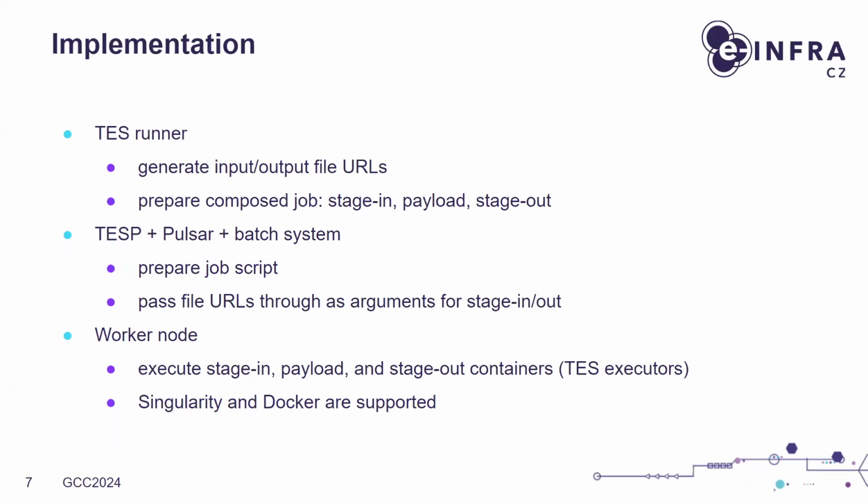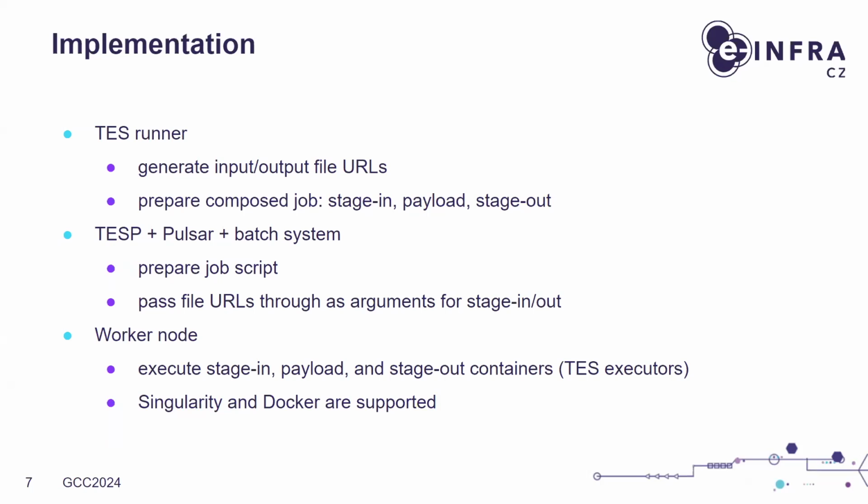Then there comes the TestP component, which just translates the test job description to something that Pulsar understands, and prepares the job script, which also contains the URLs as arguments for the staging and stage-out phases on the worker node.